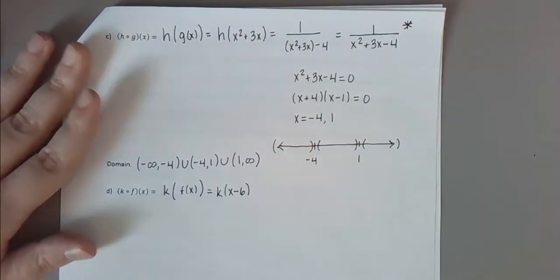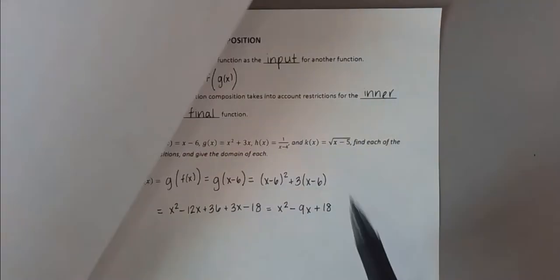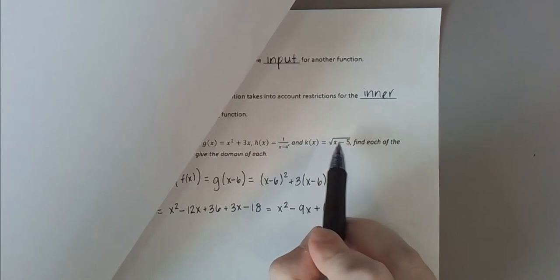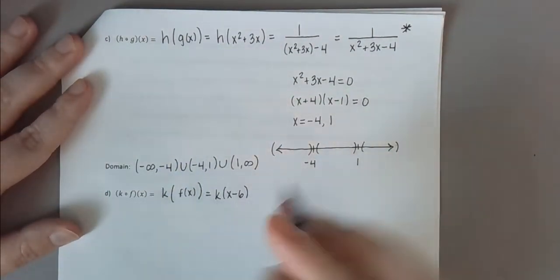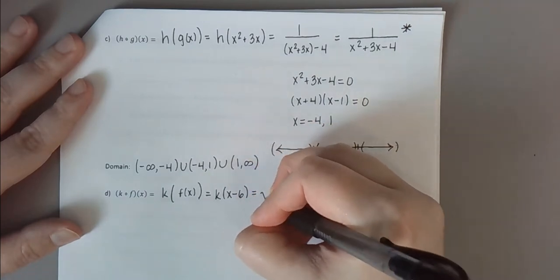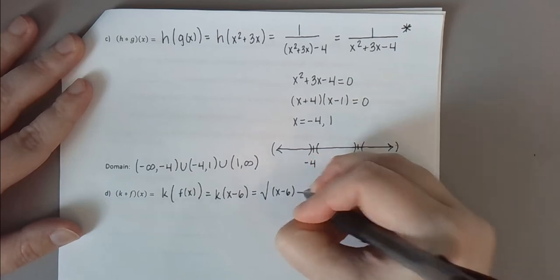Now I'm subbing this in to the function k. So the function k is our radical function. Square root of x minus 5, square root of our input minus 5. No issues with the domain. So square root of our input minus 5.